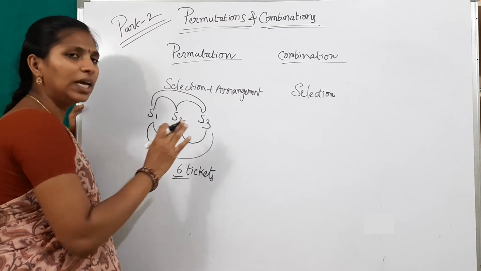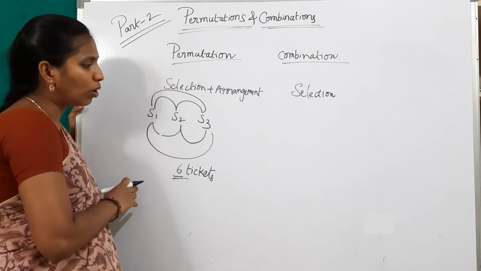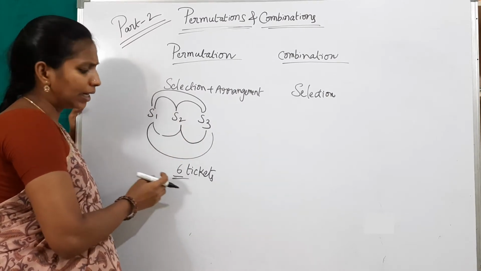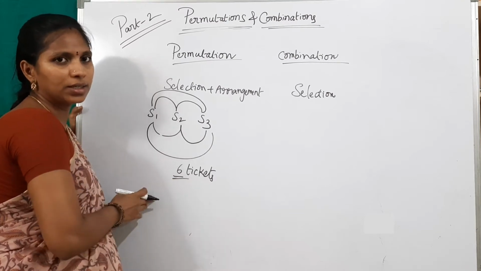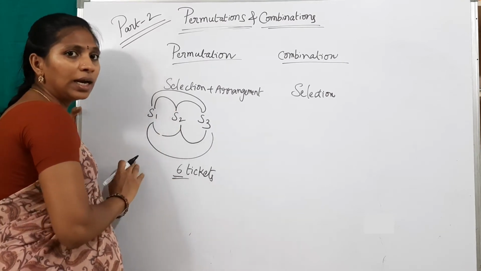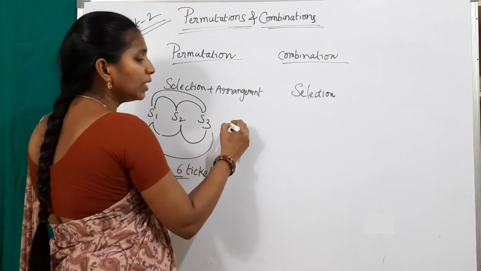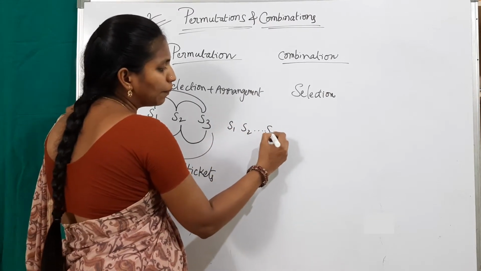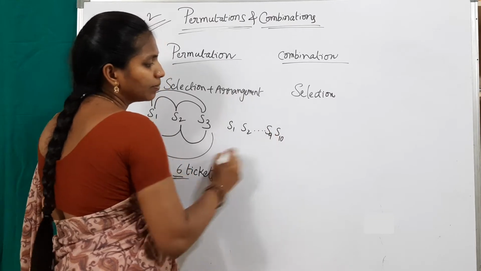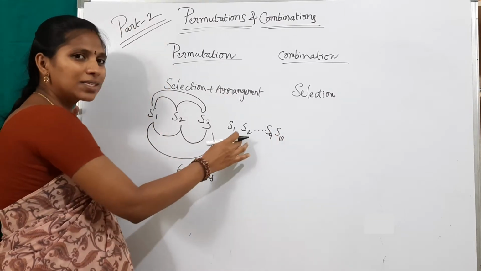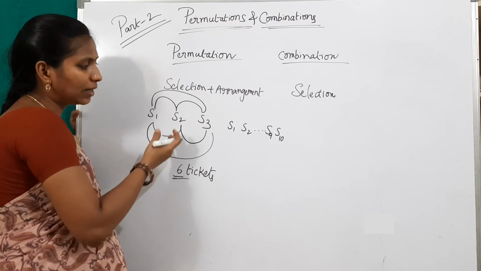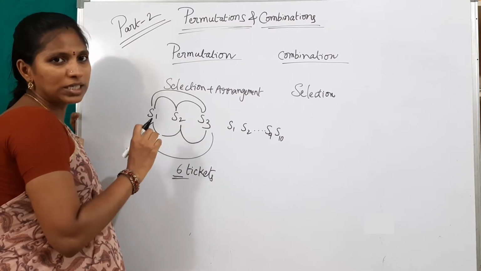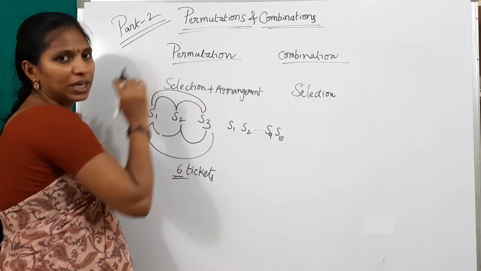Here there are only 3 bus stations, so I calculated directly and wrote 6 tickets. If there are 10 stations, S1, S2 and so on up to S10, then in this case I cannot calculate like this. In this concept, we can use permutation.